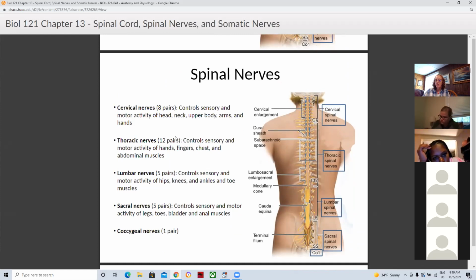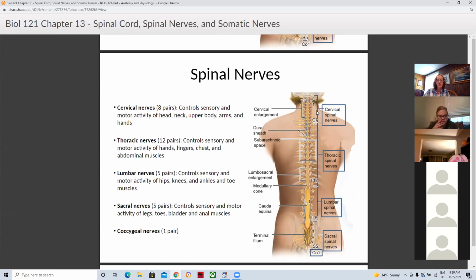In the cervical area, there's 8 cervical nerves that control the sensory and motor activity of the head, neck, upper body, arms, and hands.